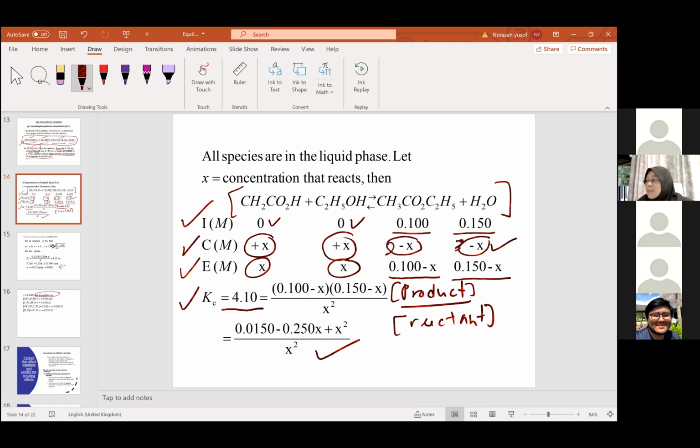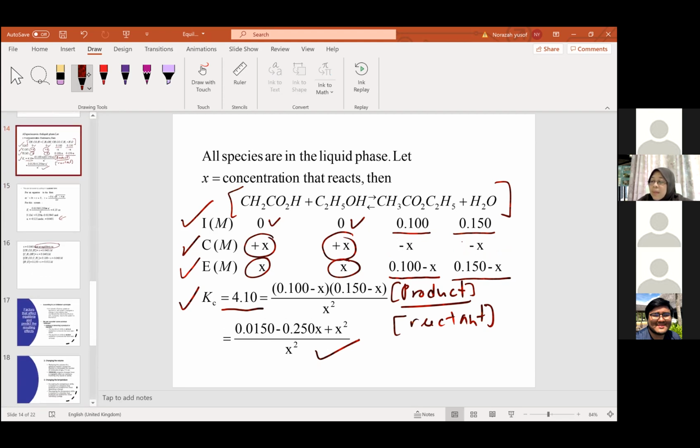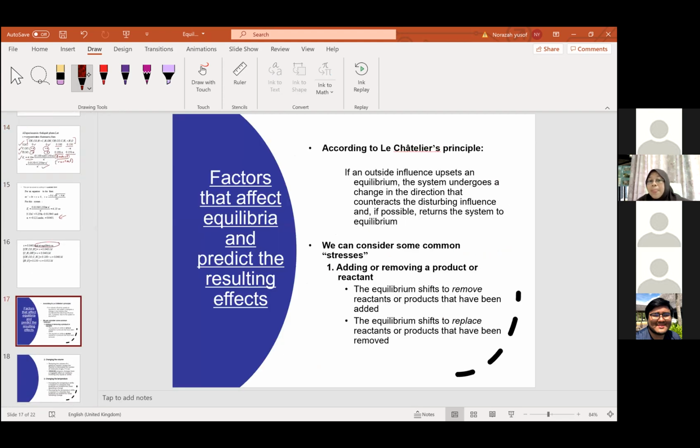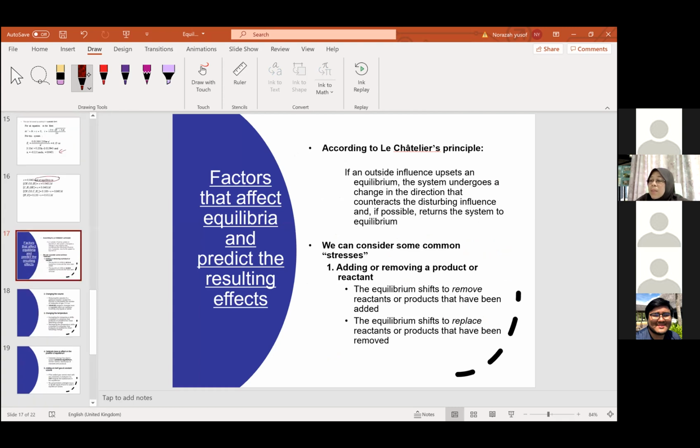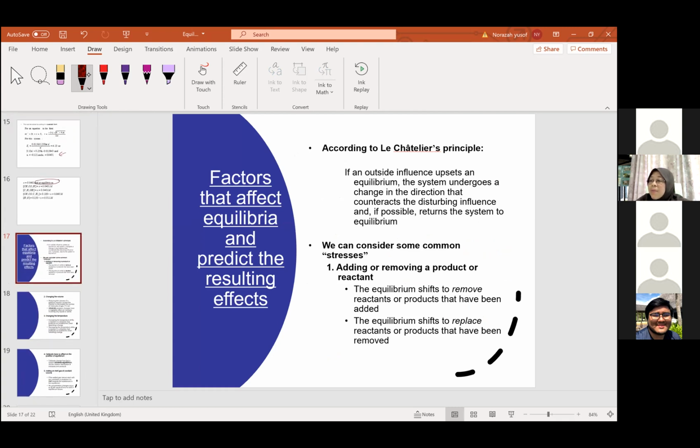I do not want to confuse you, so this is the simplest example. So we have discussed in terms of mathematics how you can calculate the concentration at equilibrium.